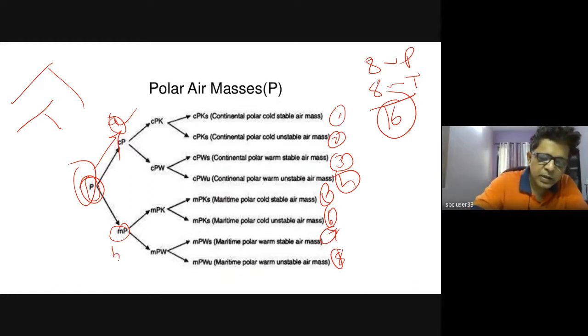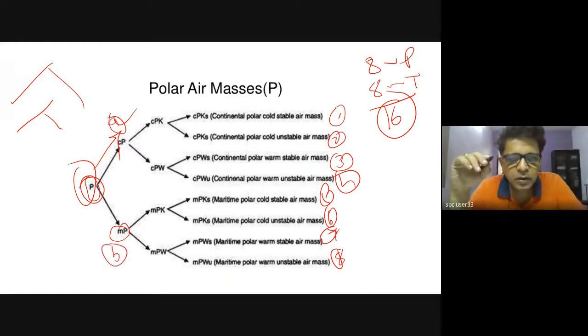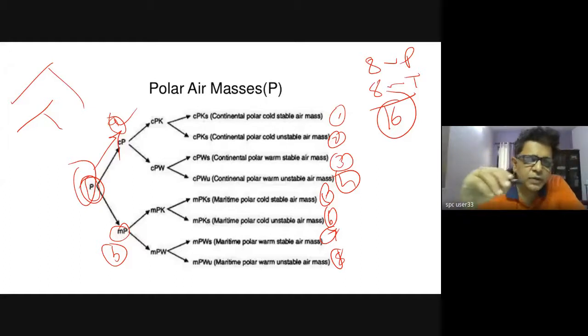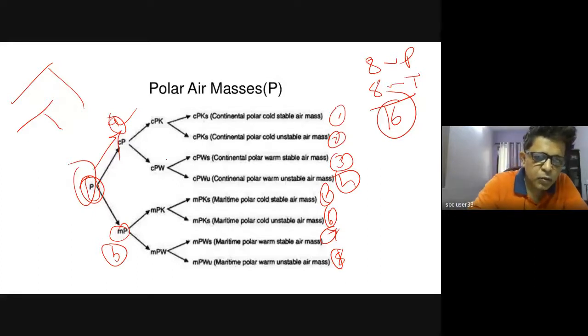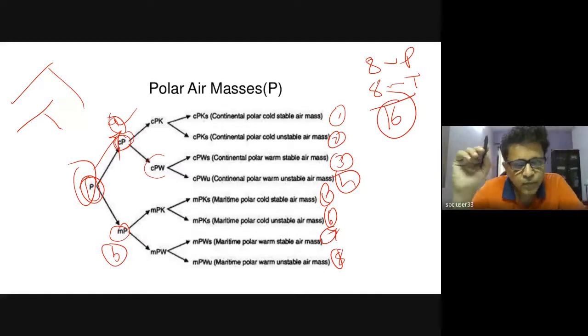So this is going to be B. And then you'll see that each of these is further going to be identified as to whether the polar continental is warm or whether the polar continental is cold. This is how you read through it. Now here, whether the maritime polar is cold or whether the maritime polar is warm.